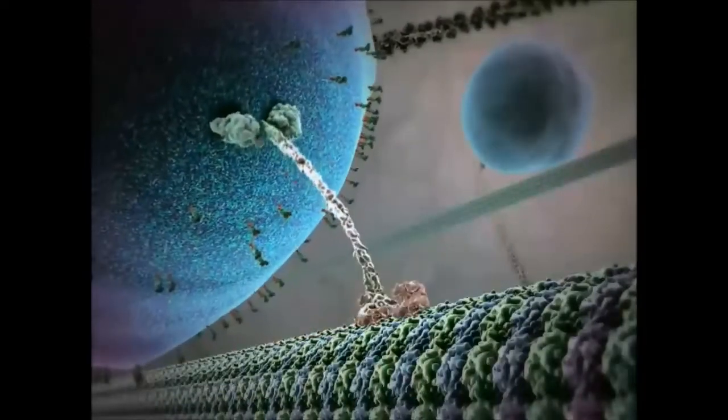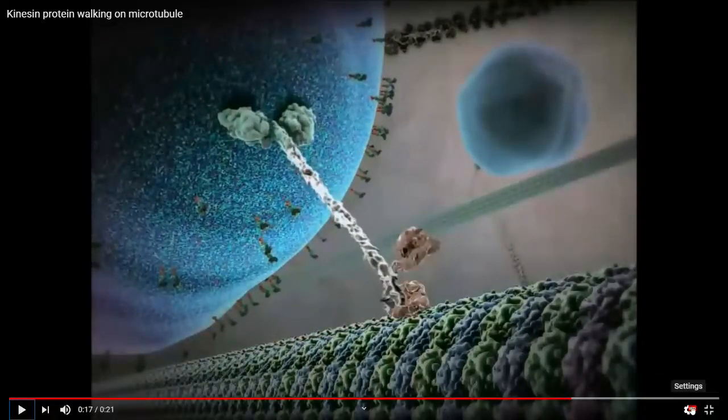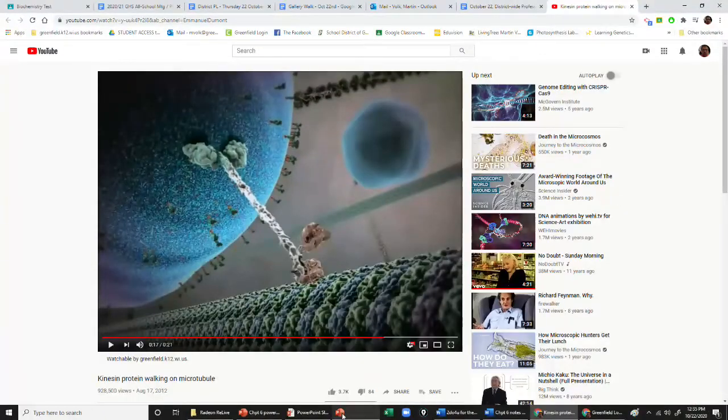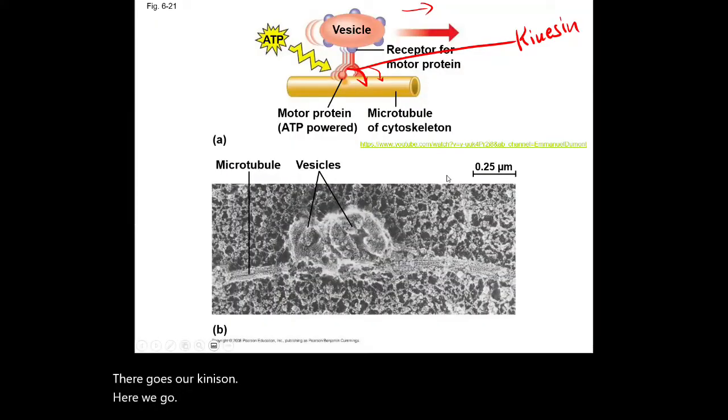All right, there goes our kinesin. So that's another function of microtubules: intracellular movement of materials, or specifically vesicles.